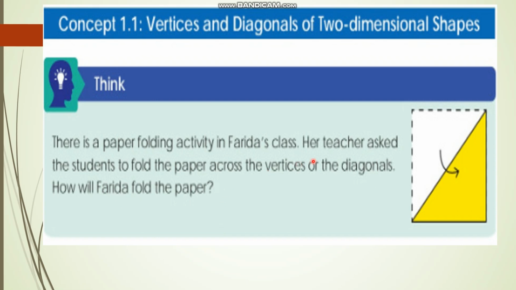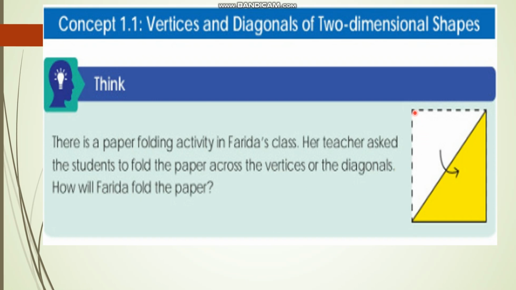Read it once again. Farida's teacher asked the students to fold the paper across the vertices or the diagonals. Do you know how to fold a paper across the vertices or the diagonals?